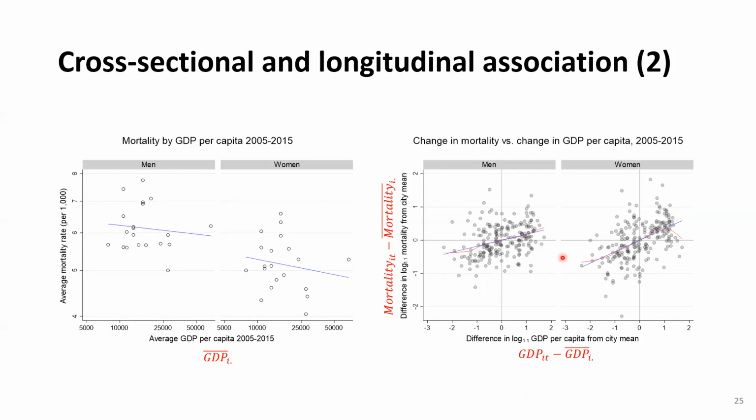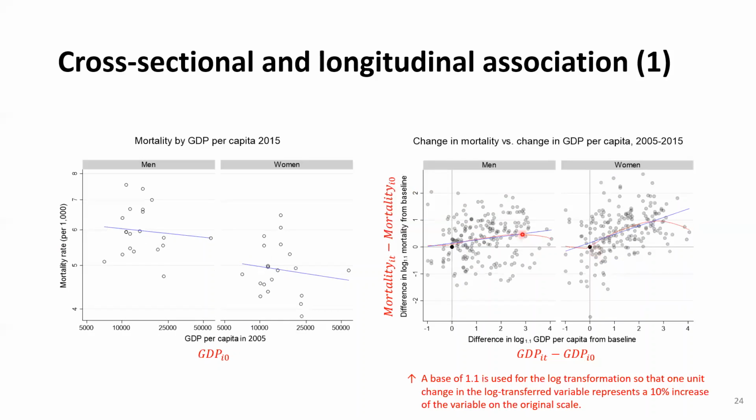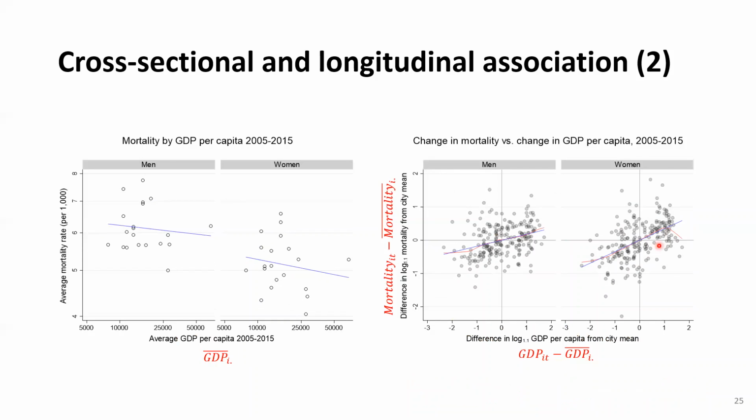Again, we have an upward trend, the same as the one we saw, and women have a slightly higher increase compared to men. Do you have any questions up to now? No? Then we move on to the regression model.